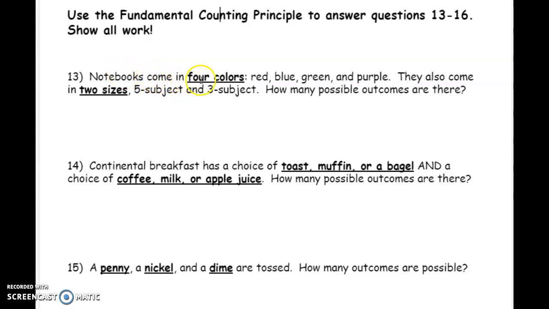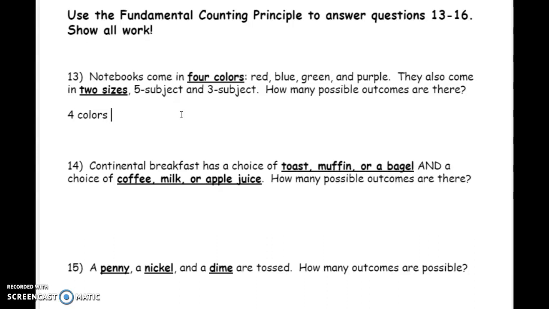Notebooks come in 4 colors, which are red, green, blue, and purple. They also come in 2 sizes. So we're talking about 4 colors that we can choose from and 2 sizes, 5 subject or 3 subject. Please do not get confused because you see a 5 and a 3, and I saw that a lot.